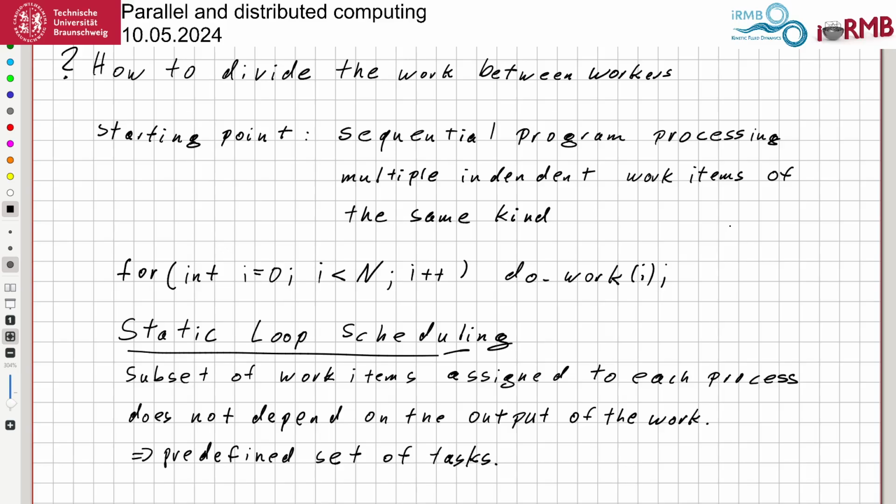So, is this the only possibility for how we could divide work? I guess not. There could be more ways. Maybe this is probably not even the most obvious way to do it.